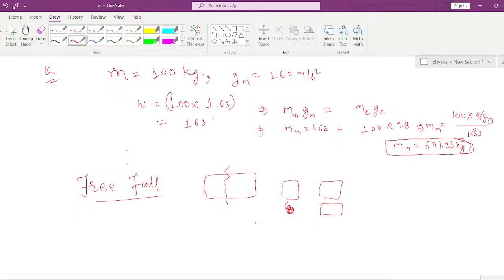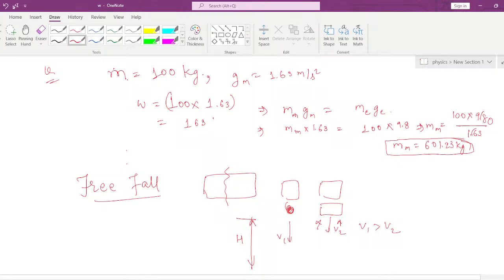So when they freely fall from some height, the squeezed one will reach first because its velocity is more than that of the other paper, because air resistance is there, working as an upthrust force on it.